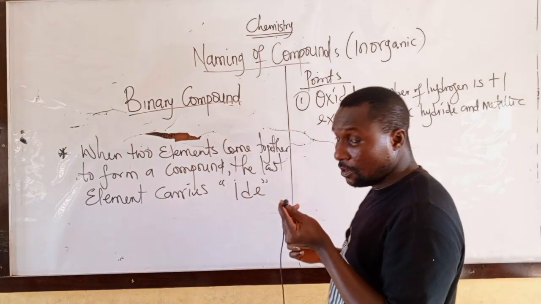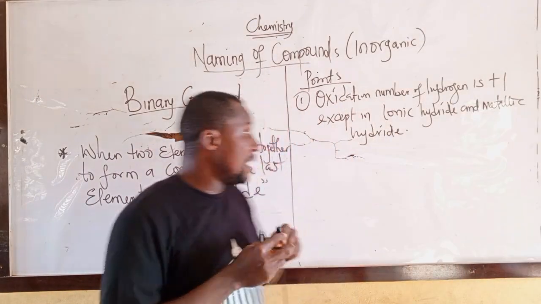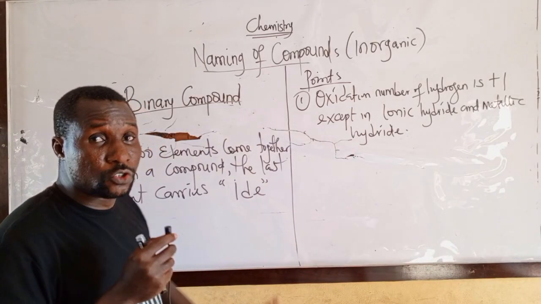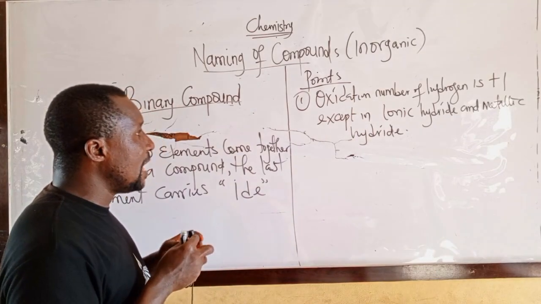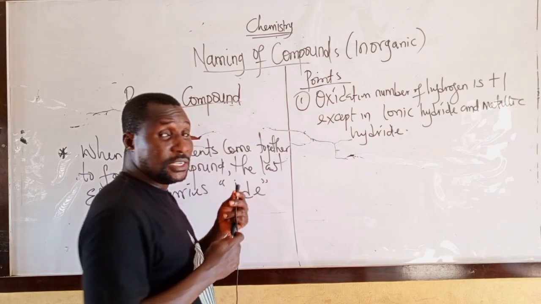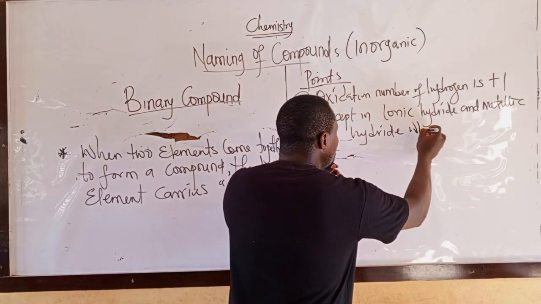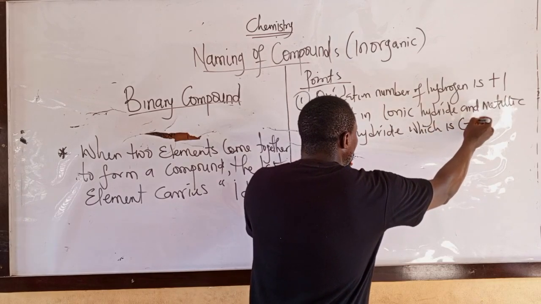Take note of that. What did I say? The oxidation number of hydrogen is +1, except in ionic hydride and metallic hydride, where it is -1.